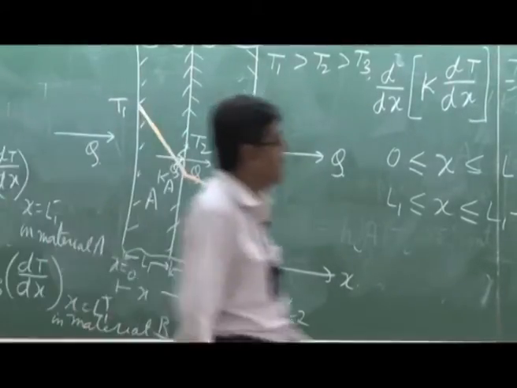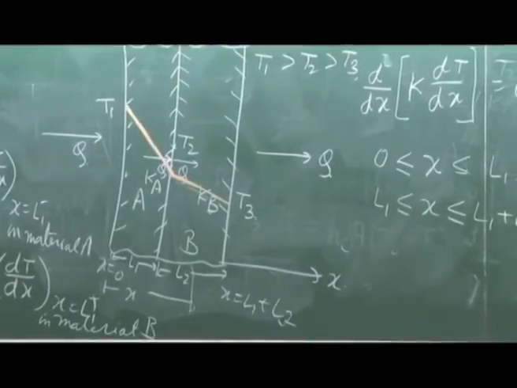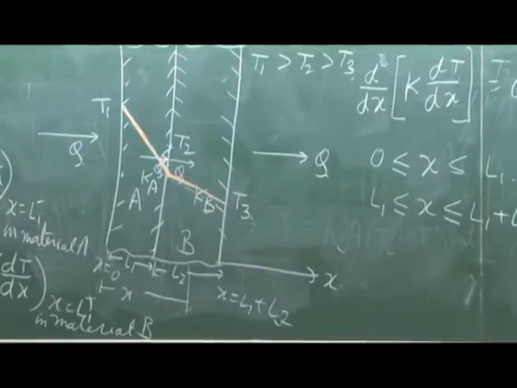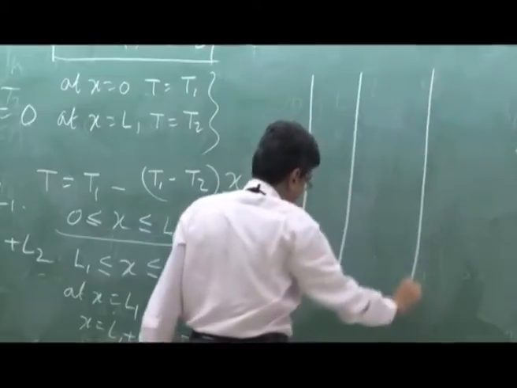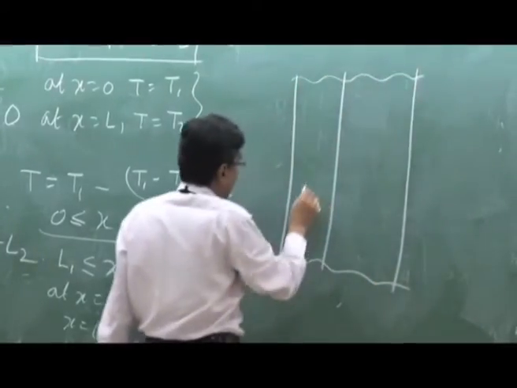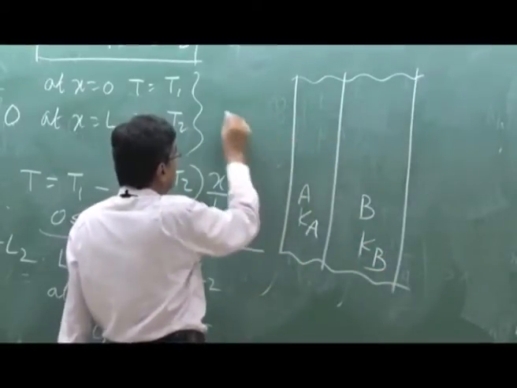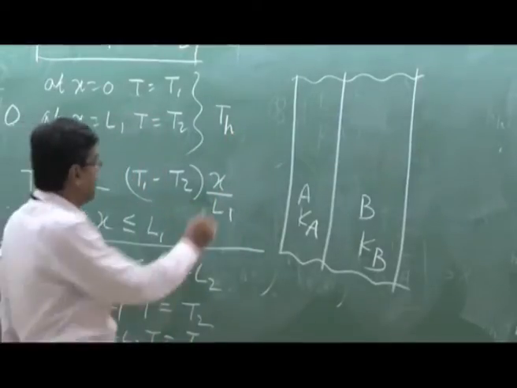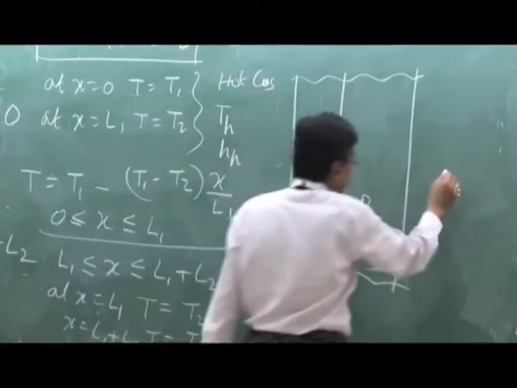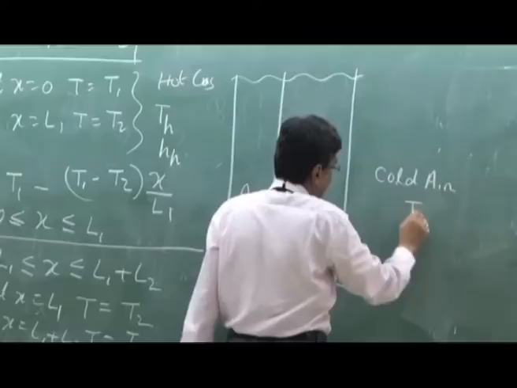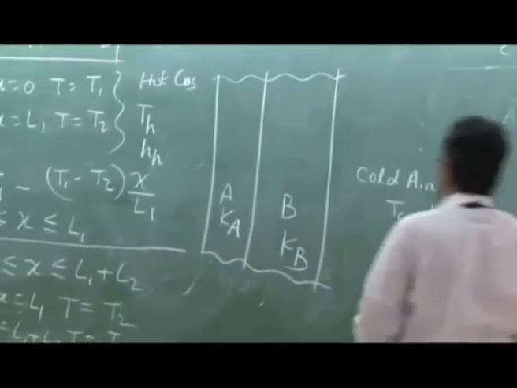If this composite wall, the same wall, is now proposed with wall A with Ka, wall B with Kb, and if the problem is proposed with hot gas temperature TH and the heat transfer coefficient in the hot gas HH, and here also cold air with TC and with the heat transfer coefficient HC, then our temperature profile can be shown like this.